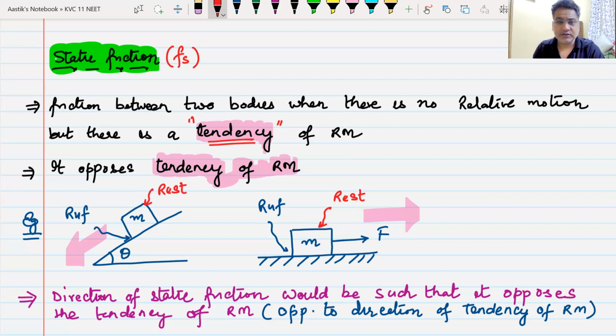The body is not moving, but it wants to move down. What would be the direction of static friction?